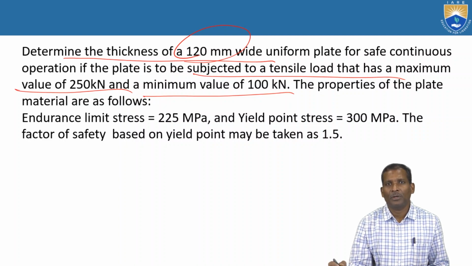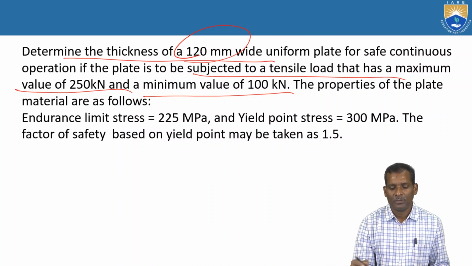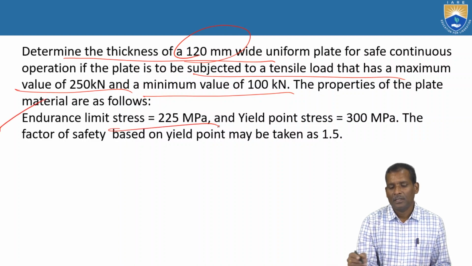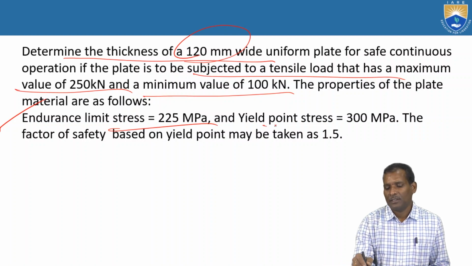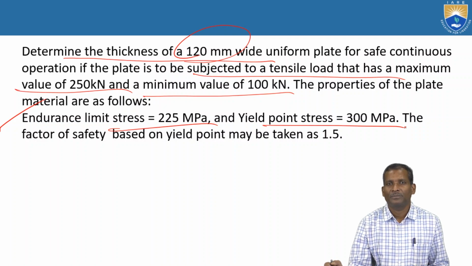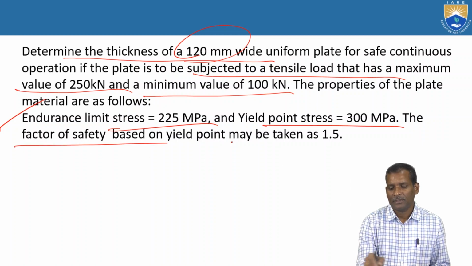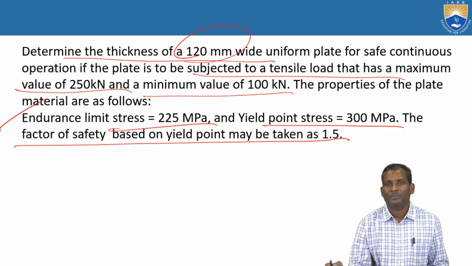The properties of the plate material are as follows: the endurance limit stress is 225 megapascal and the yield point stress is 300 megapascal. The factor of safety based on yield point may be taken as 1.5.